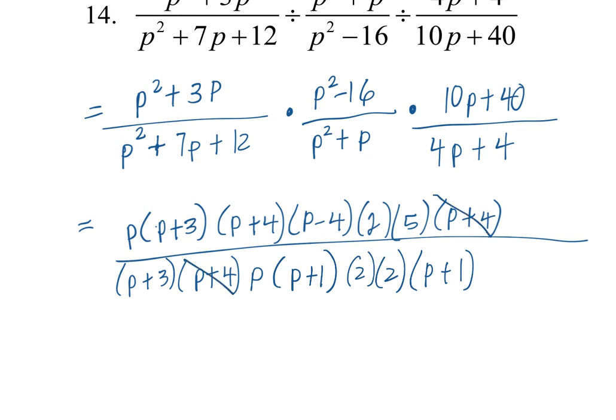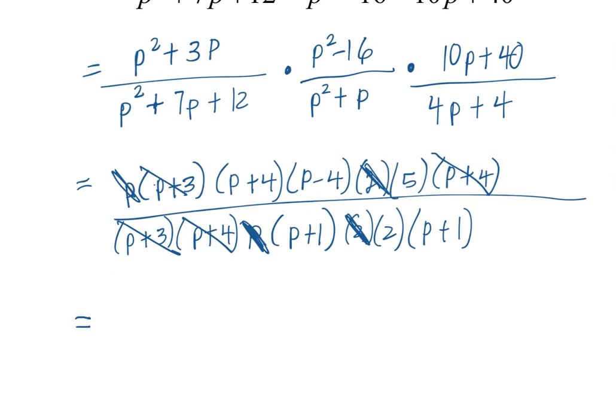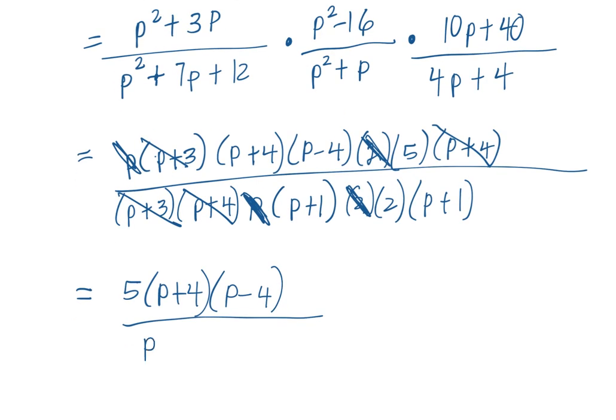Factor of p plus 4, factor of p plus 3, factor of p, factor of 2, and that's about it. So that I'm left with 5 times p plus 4 times p minus 4, all divided by 2 times p plus 1 times p plus 1.